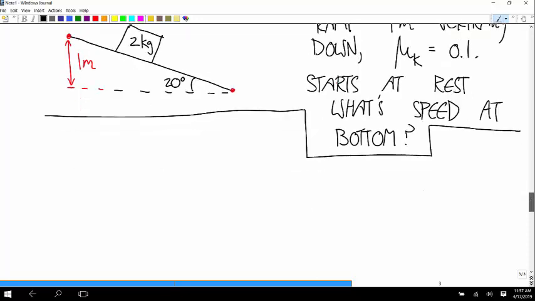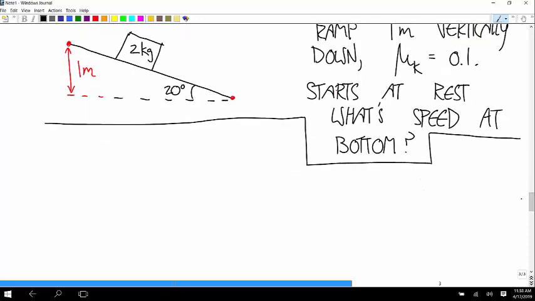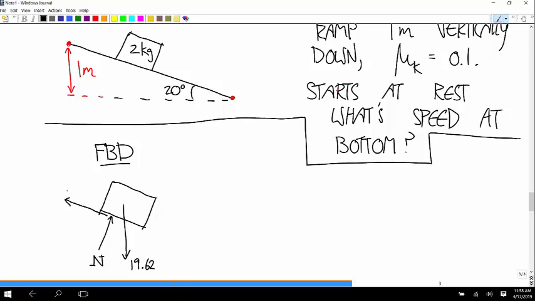All right, well, go through the same process, and this friction is going to make things quite a bit more complicated. So free body diagram, just to make sure we don't miss any of the forces that we have to calculate the work for. We have a weight force. We have a normal force. And the object's moving down the ramp, so the friction force has to be up the ramp, this direction.